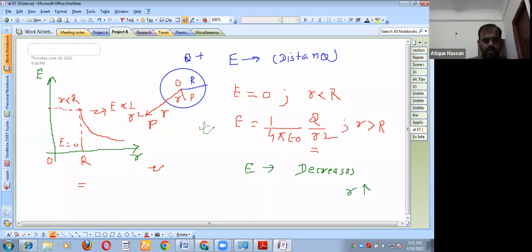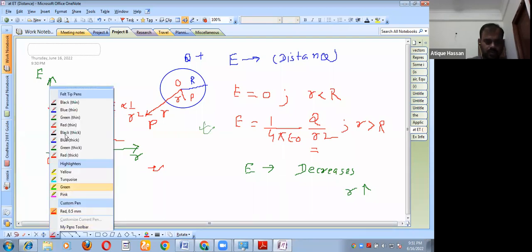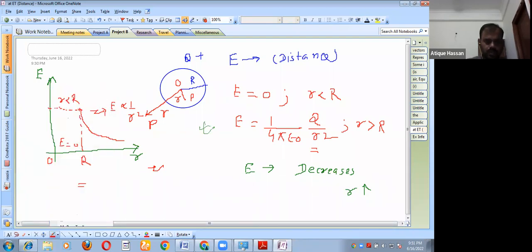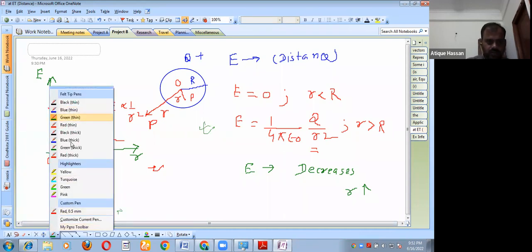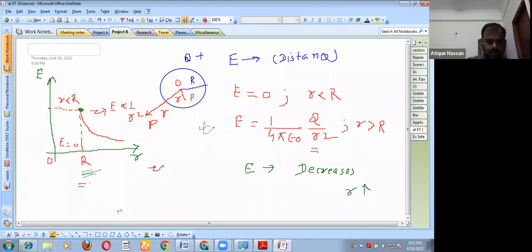But if you come to this point, this represents the surface at r equal to capital R. So on the surface, what is the value of electric field?